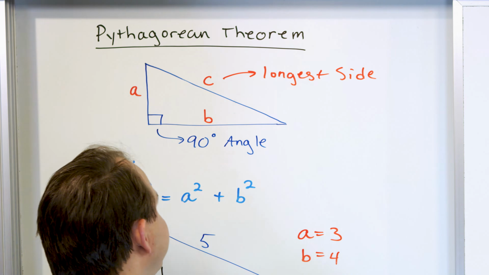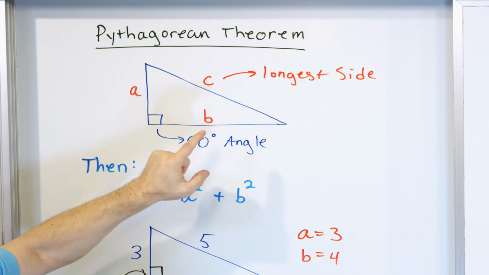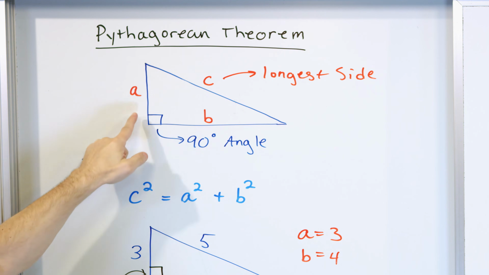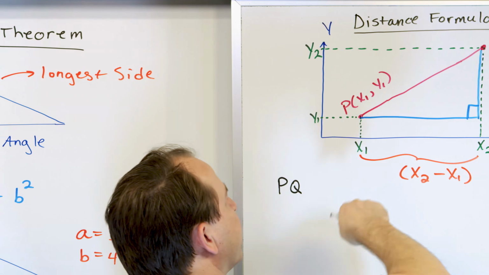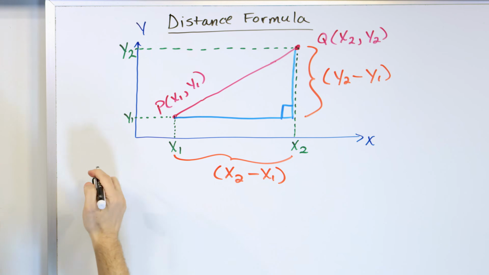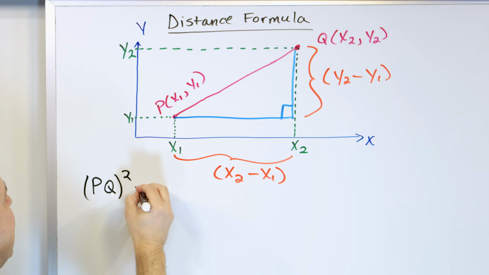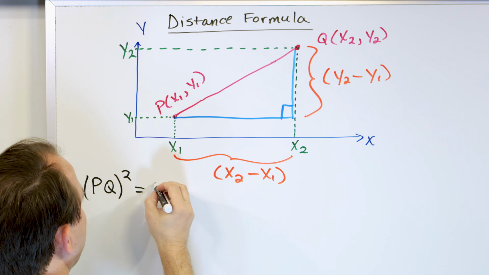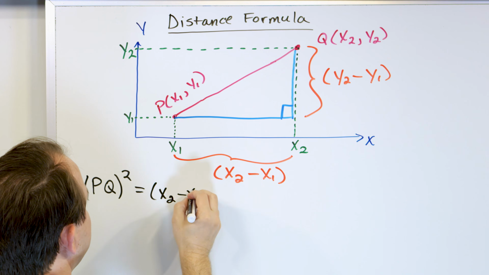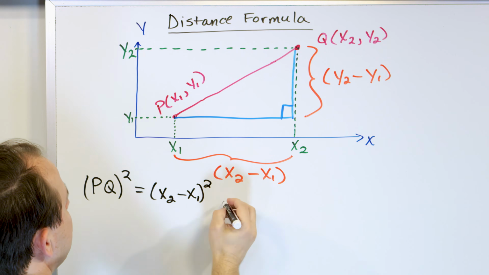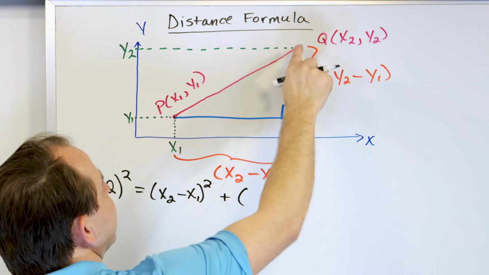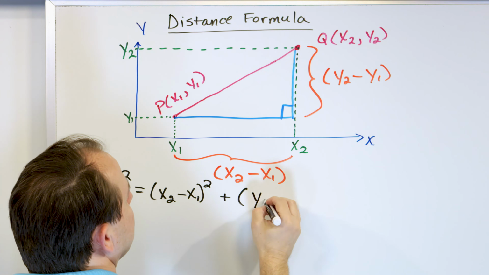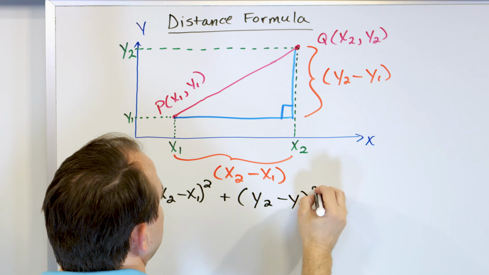So if you want to use the Pythagorean theorem, c squared is a squared plus b squared, we're going to say PQ, the distance here, squared, is equal to this side here squared, x2 minus x1 squared, plus this distance here squared, y2 minus y1 quantity squared.